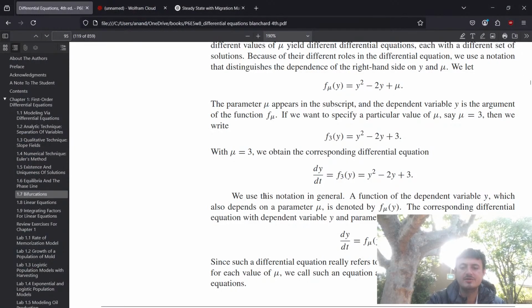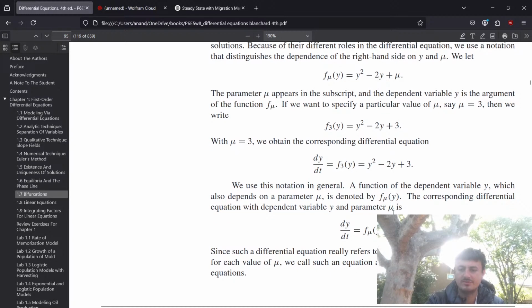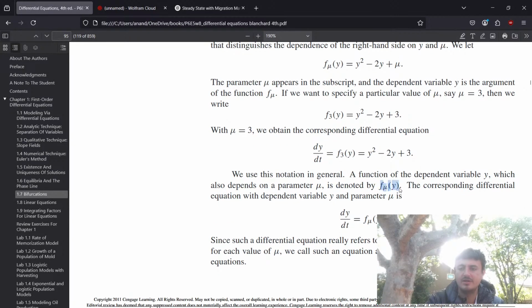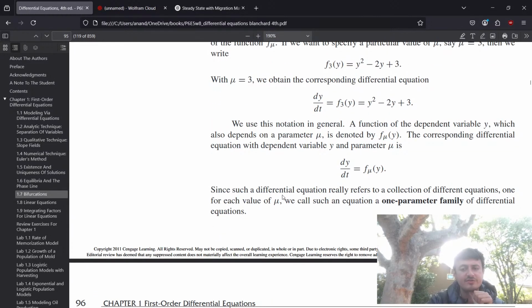All right. We use this notation in general. A function of the dependent variable y, which also depends on a parameter μ, is denoted by f sub μ of y. The corresponding differential equation with dependent variable y and parameter μ is dy/dt = f_μ(y). Such a differential equation really refers to a collection of different equations, one for each value of μ.